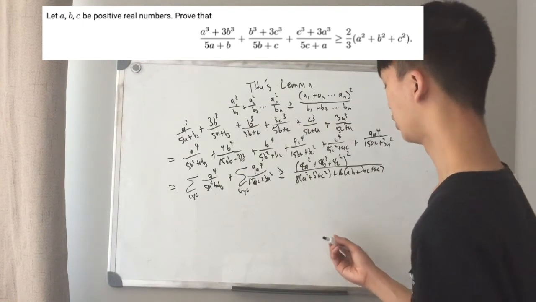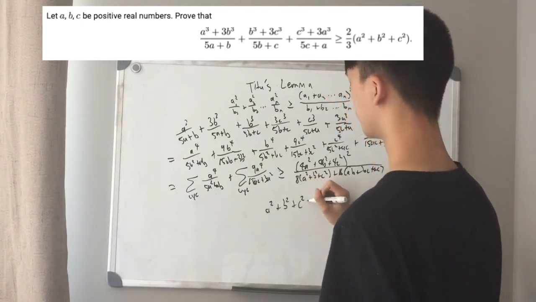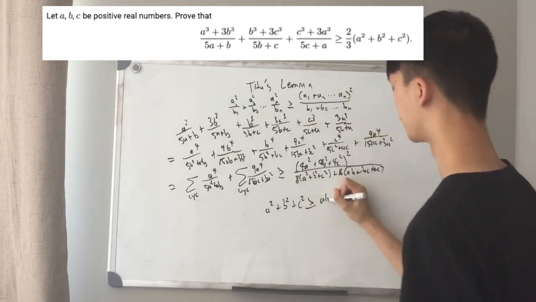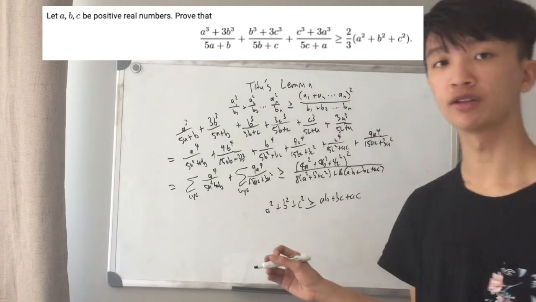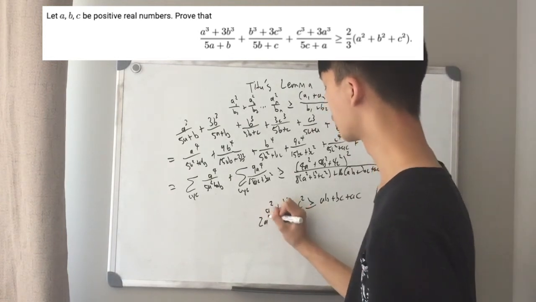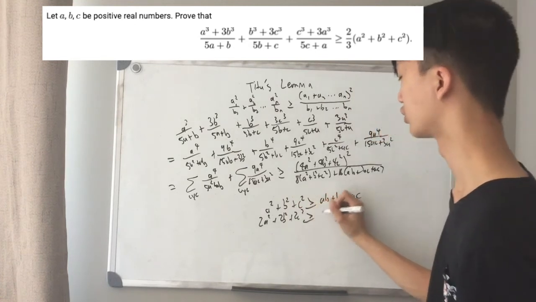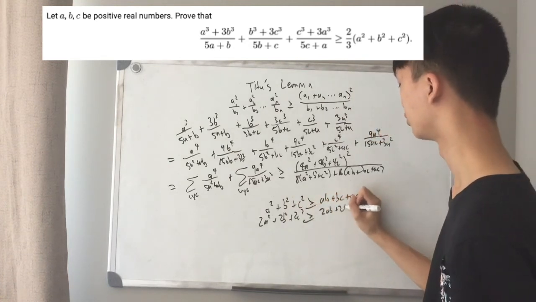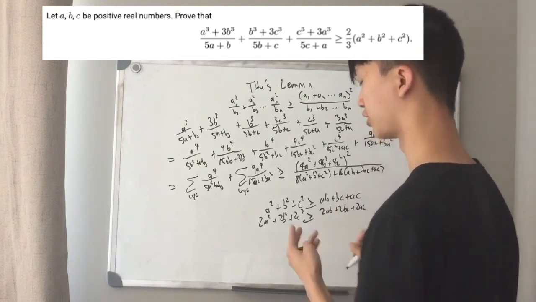So now let me show that a squared plus b squared plus c squared is greater than or equal to ab plus bc plus ac. So we can multiply both sides of the inequality by 2 to get 2a squared plus 2b squared plus 2c squared is greater than or equal to 2ab plus 2bc plus 2ac. Then we can move these terms to the other side.